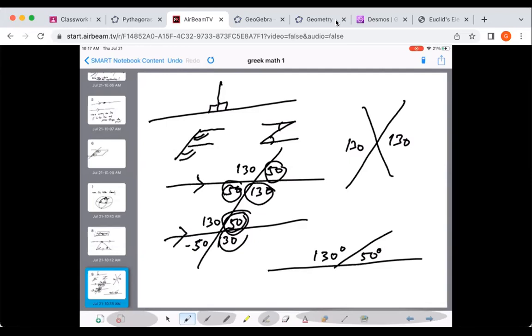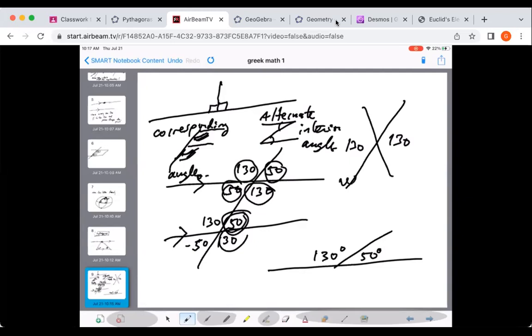So I'm just going to write down alternate interior angles. And these two are called corresponding angles. And the 130 and the 130 are called vertical angles.